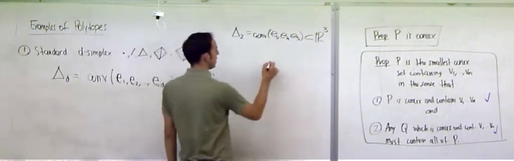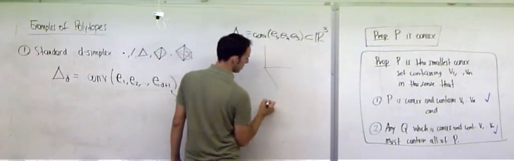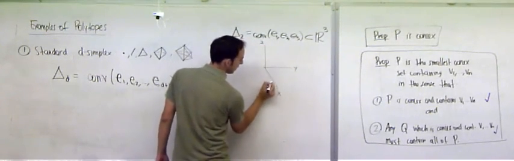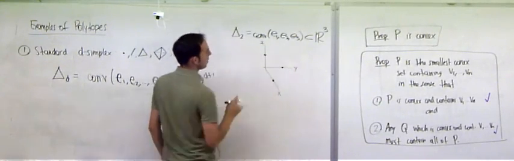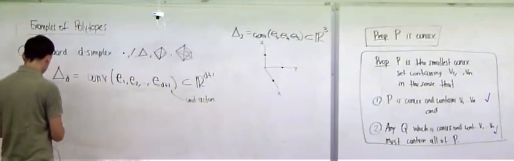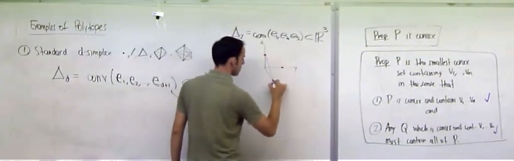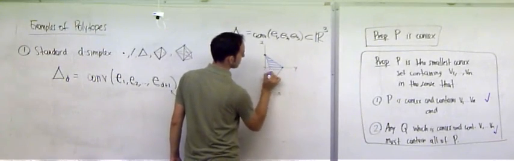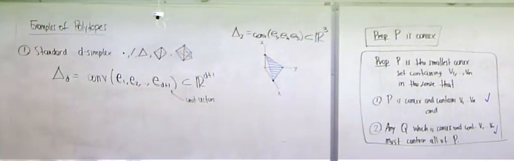That's not too hard. So R3, maybe these are my coordinate axes, x, y, and z. My unit vectors are maybe here, here, and here. And then I'm taking the convex hull of those guys. And so what I get is this. And that is a triangle, so that is what we expected it to be. That's delta 2.